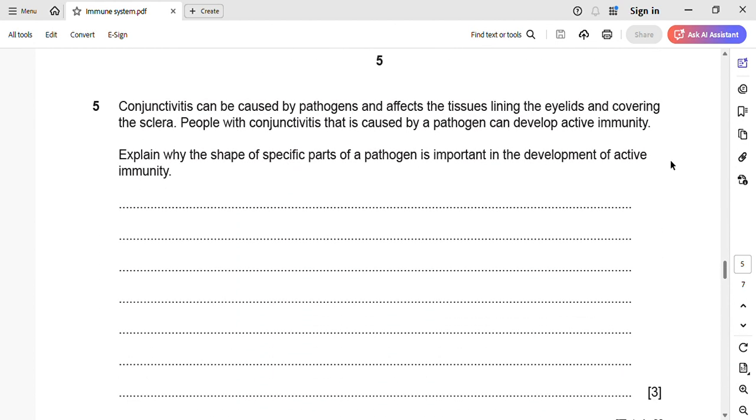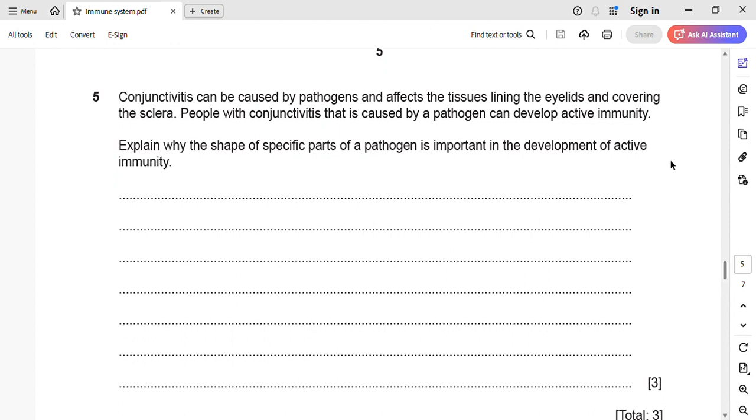And then the next question: conjunctivitis can be caused by pathogens and affects the tissues lining the eyelids and covering the sclera. People with conjunctivitis that is caused by a pathogen can develop active immunity. Explain why the shape of specific parts of a pathogen is important in the development of active immunity.